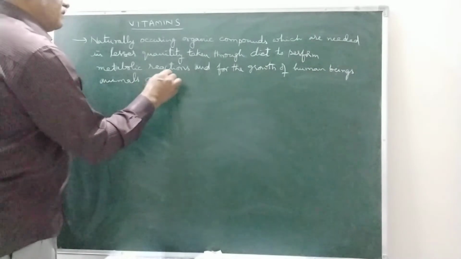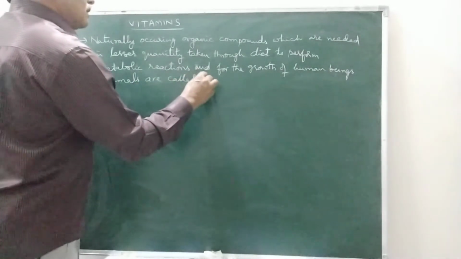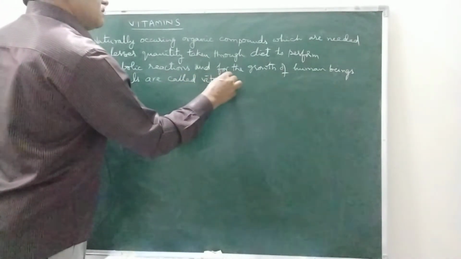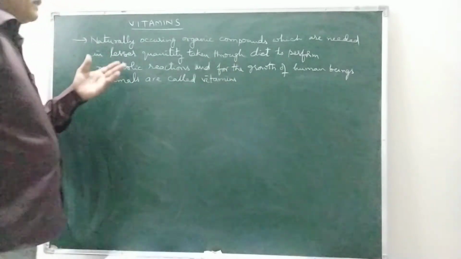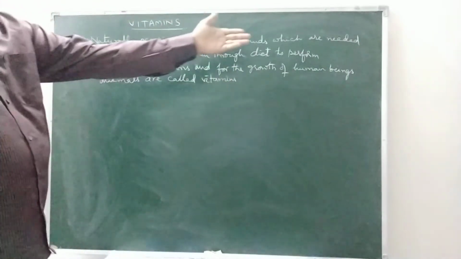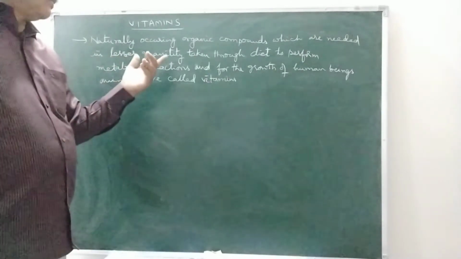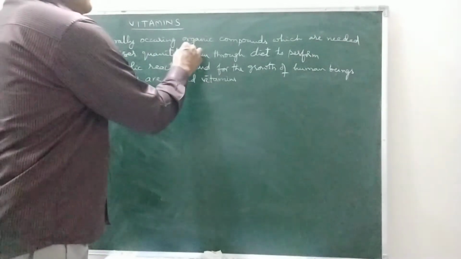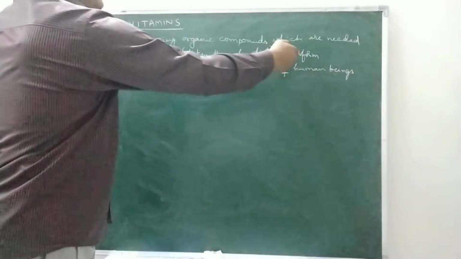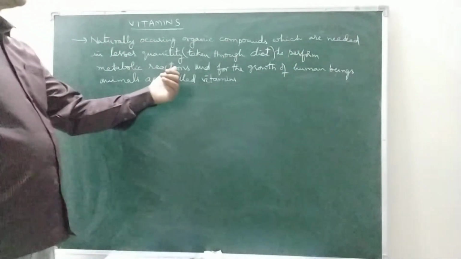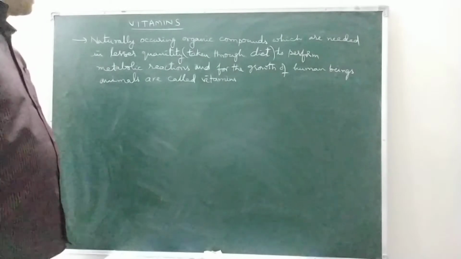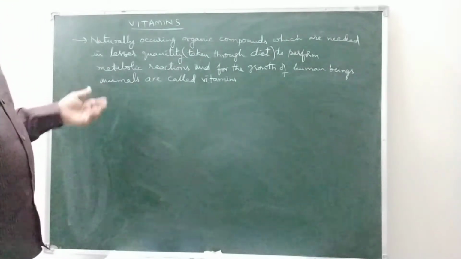They are called vitamins. So this is the definition of vitamins. Naturally occurring organic compounds which are needed in lesser quantity, which are taken through diet, which are needed to perform metabolic reactions and for the growth of human beings and animals.